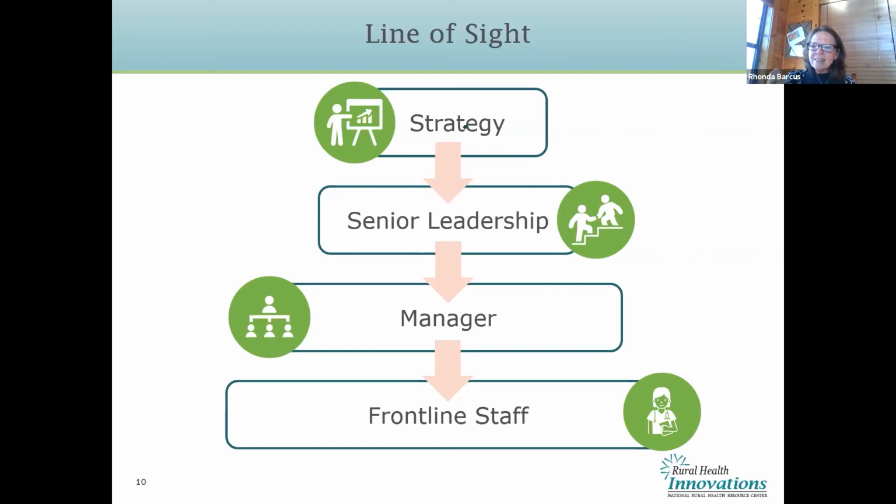And lastly, and I think this is critically important, is the frontline staff. Because if you think about it, the folks that tend to drive population health are the folks that are having that day in and day out contact with the patients. And that's often your nurses and your techs. So again, helping those folks to know this is what my role is in population health. This is how I impact it. This is how I make a difference.